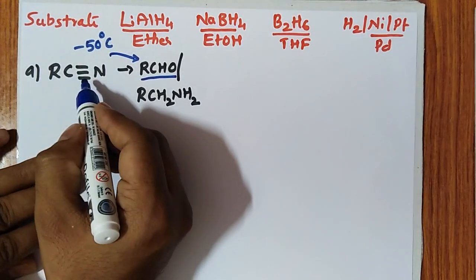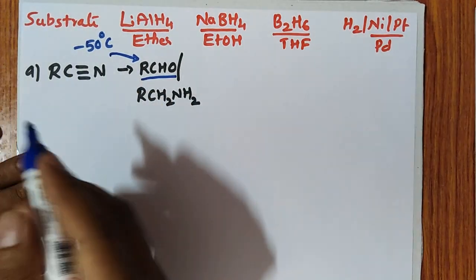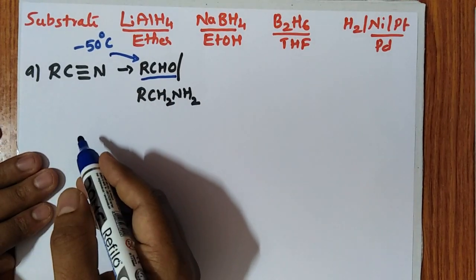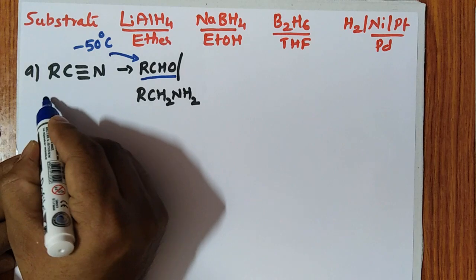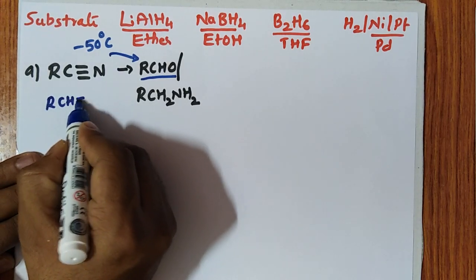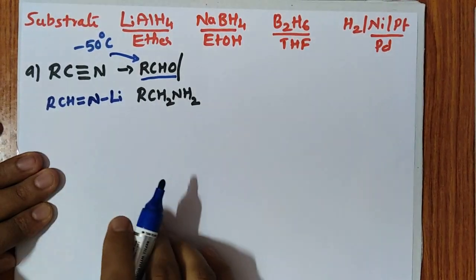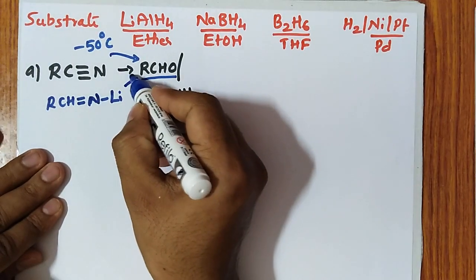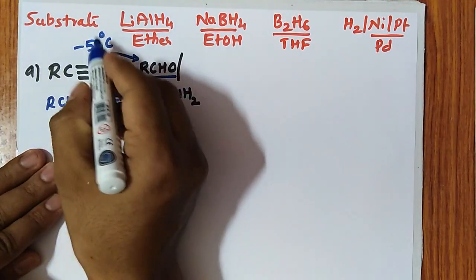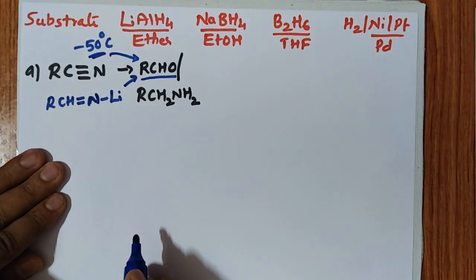Actually what happens, first it will convert into imine salt, remember. So imine salt is going to form. Imine salt of lithium, so RCH=NLi. Then it will get converted into RCHO at minus 50 degrees Celsius.